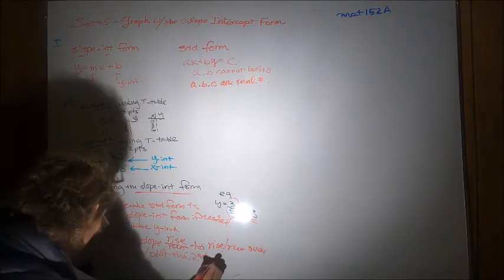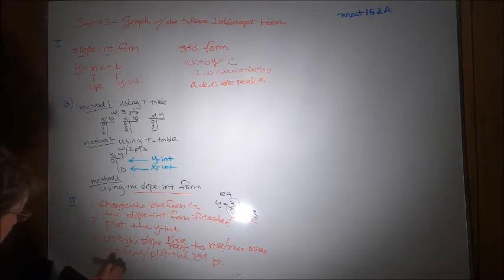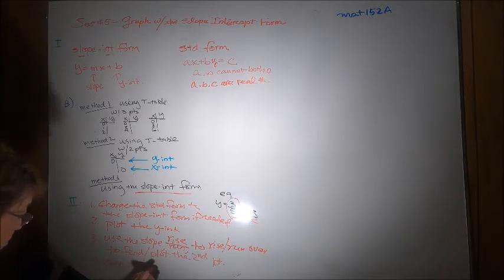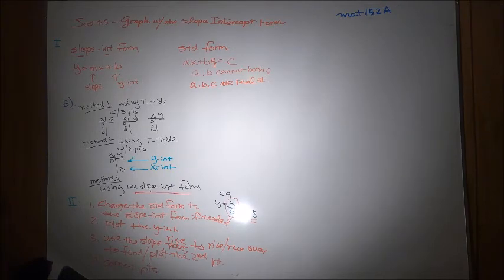Then if you have 2 points, you should be able to draw the line. You will connect those points, and then you should be able to graph the line, right?